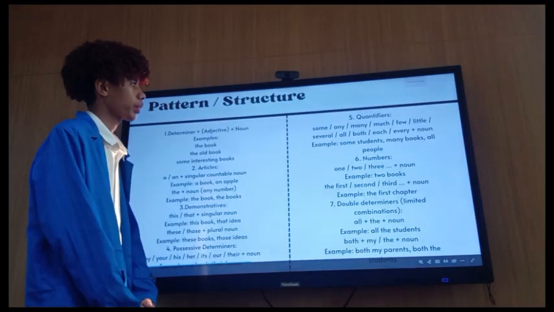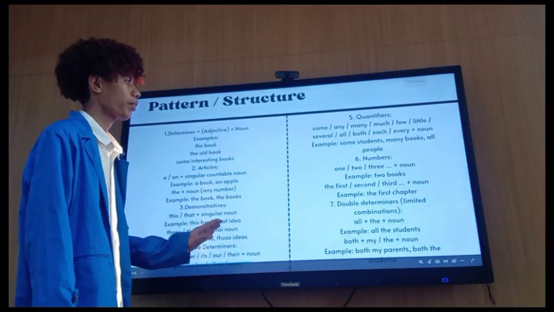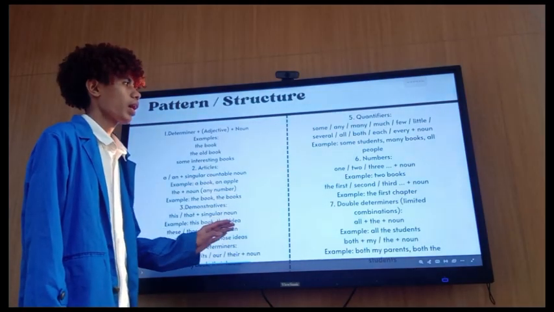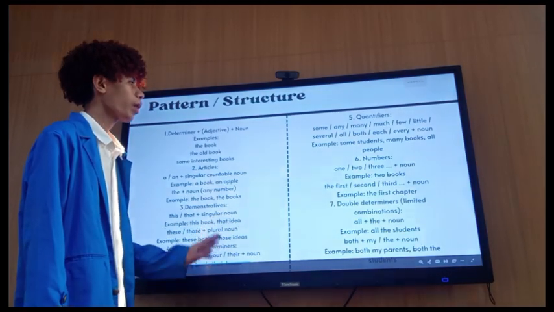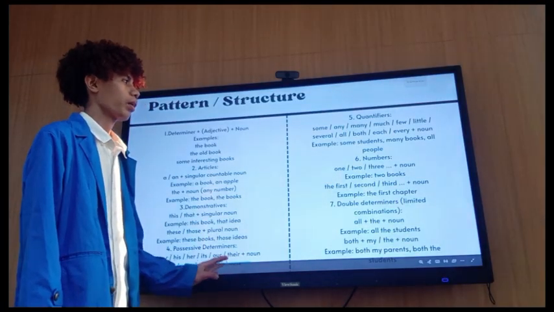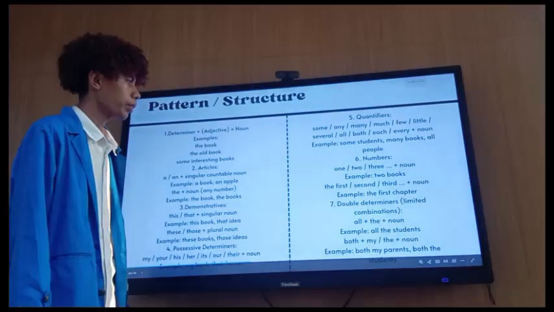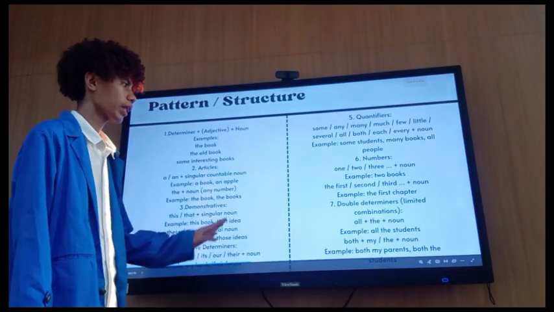5. Quantifier: some, any, many, much, few, little, several, all, both, each, every plus noun. Example: some students, many books, pupils. 6. Numbers: one, two, three plus noun. Example: two books.